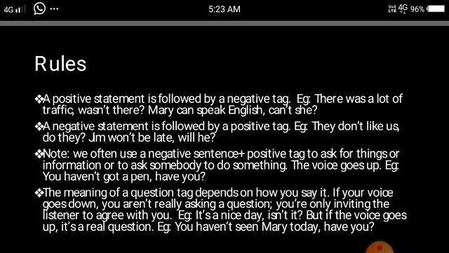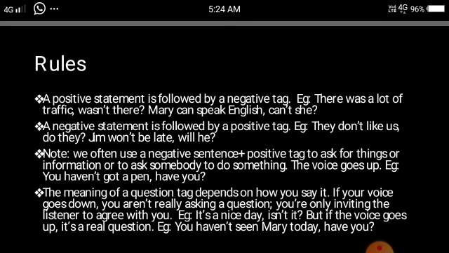Now looking at the second rule there, second point. A negative statement takes or is followed by a positive tag. When your statement is negative, positive tag.